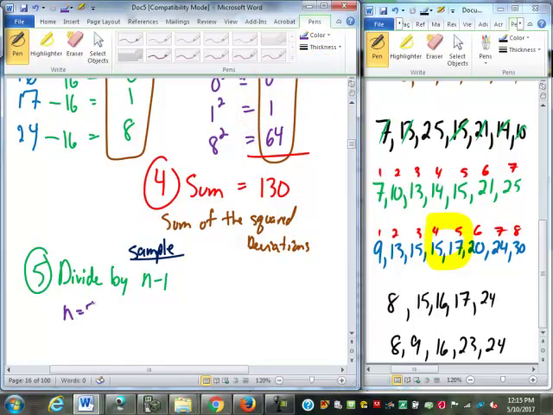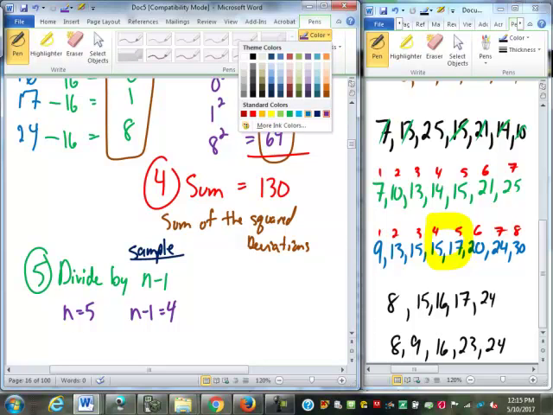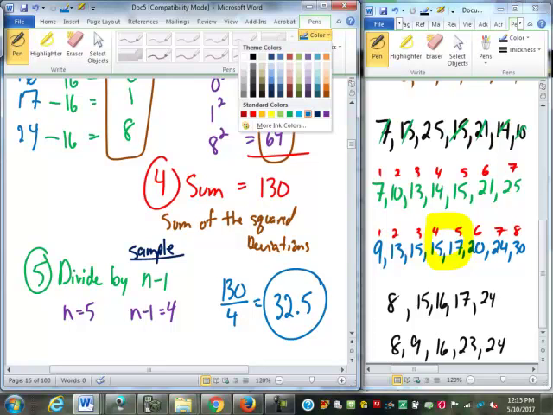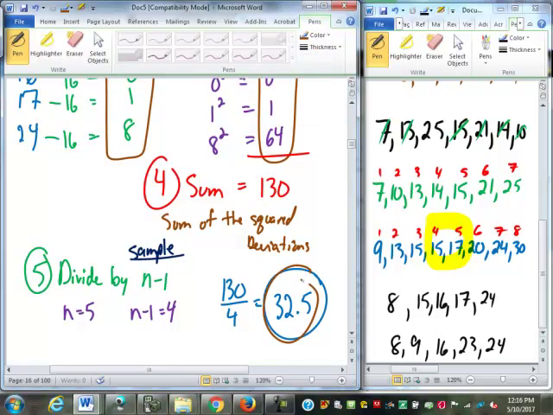So n equals 5 here, so n minus 1 equals 4. So we're going to take that previous result, the 130, divided by 4, which gives us 32.5. That number right there is referred to as the variance.